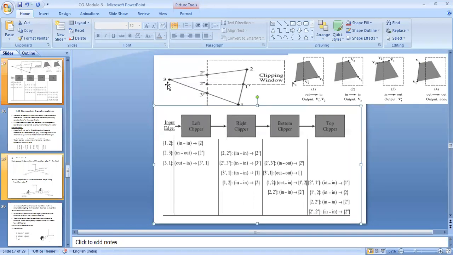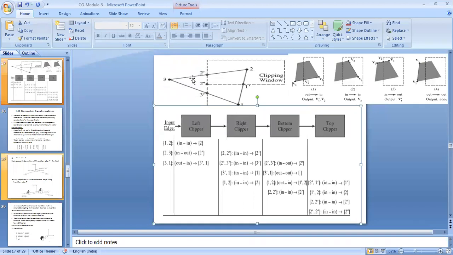Sutherland and Hodgman moved one by one through the clipping sides. They first tried to see if there is any area towards the left of the clipping window.